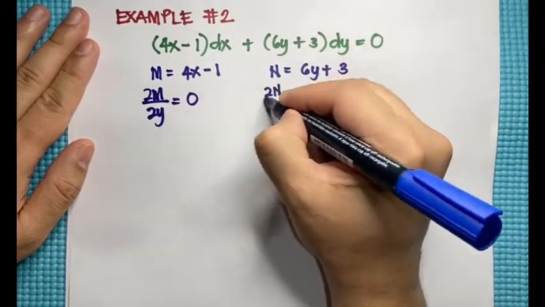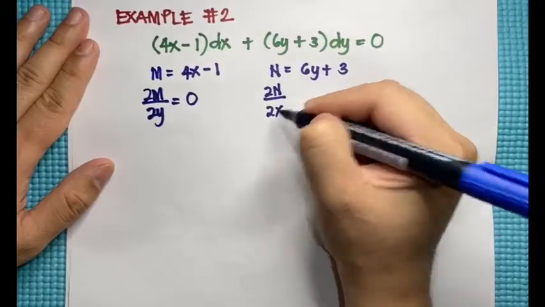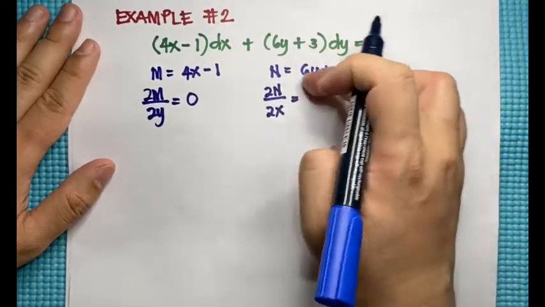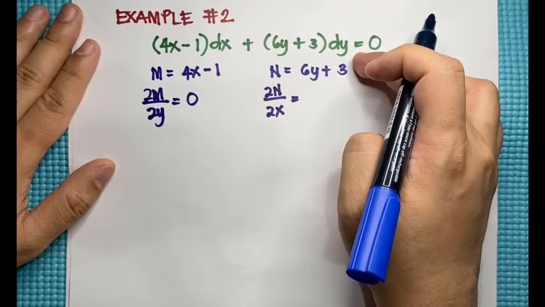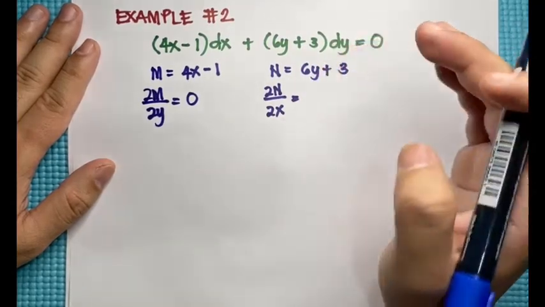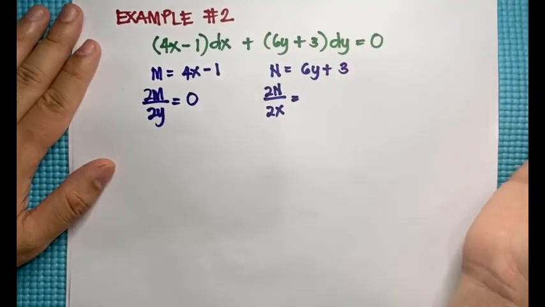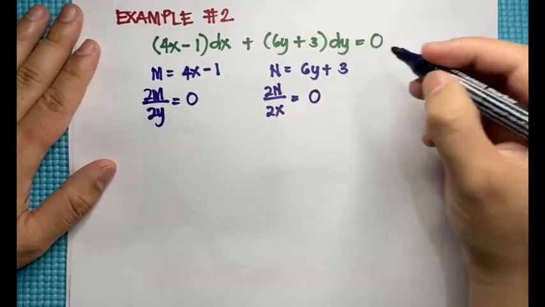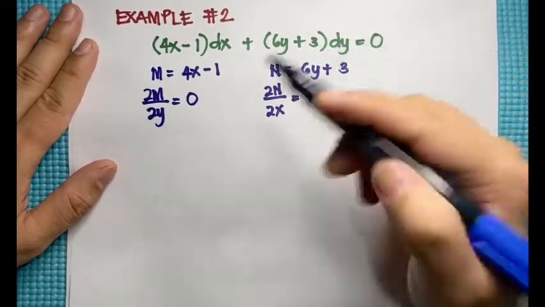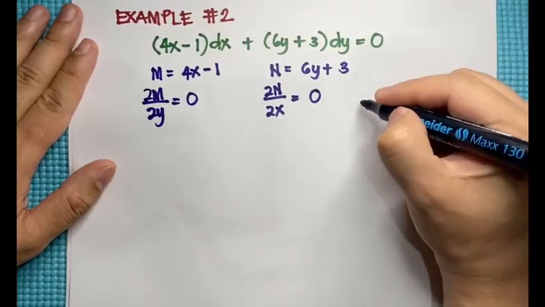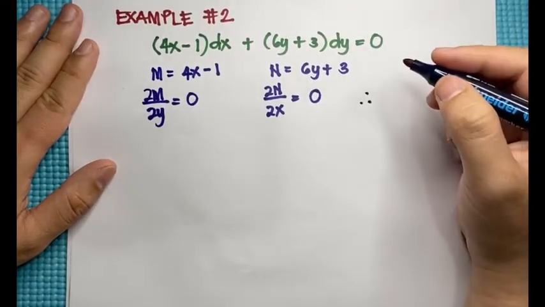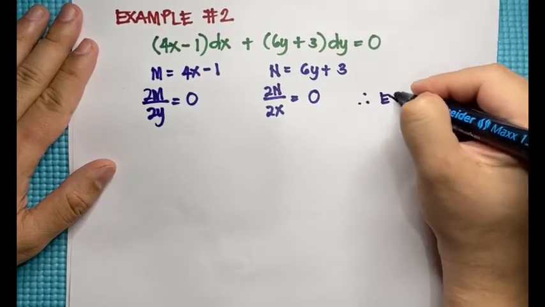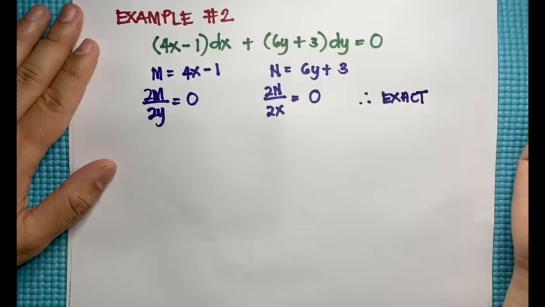Similarly, n could be derived with respect to x, and again the given 6y plus 3 is purely y and a constant, and there is no variable x, so this is equivalent to 0. Since the partial derivative of m with respect to y is equal to the partial derivative of n with respect to x, therefore the given differential equation is said to be exact.